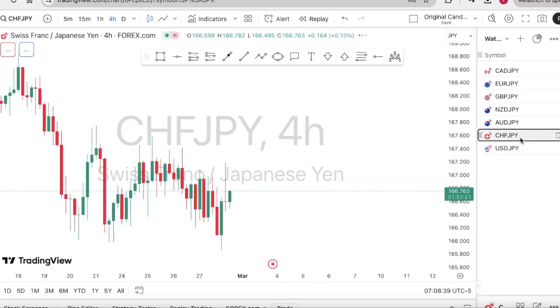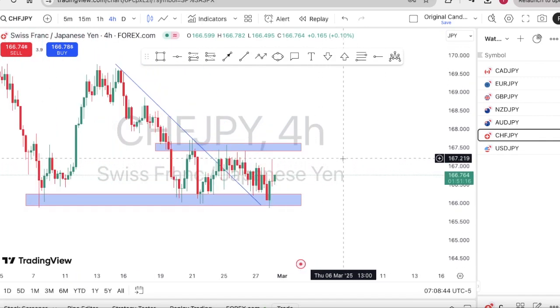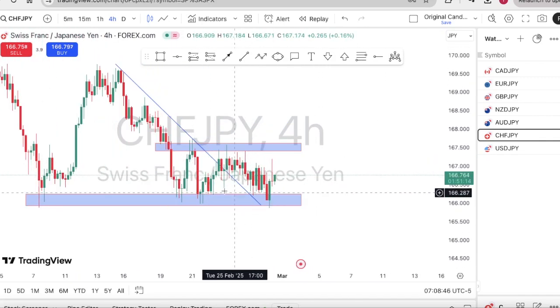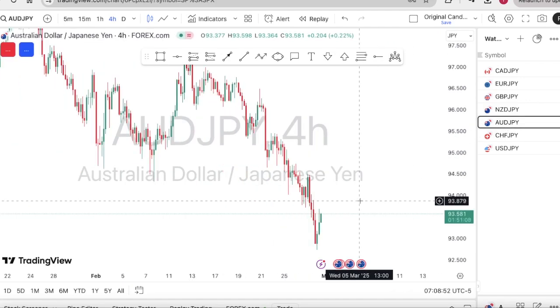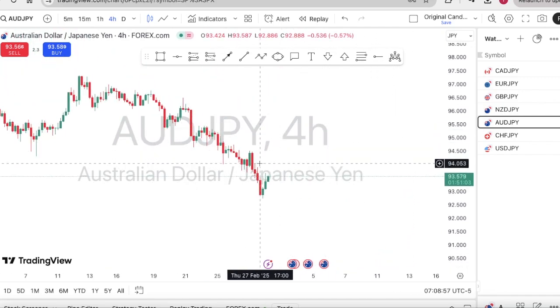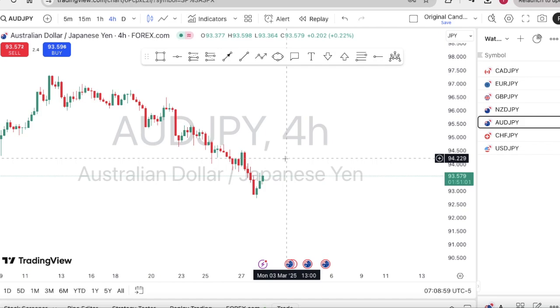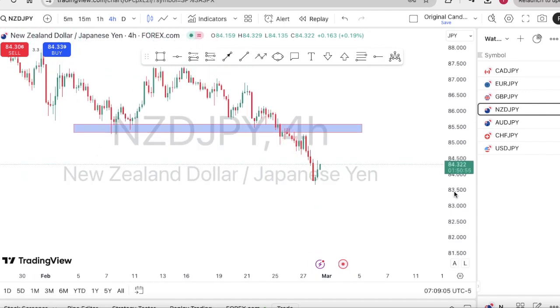Let's look at the other pairs. These pairs, it doesn't look like they are ready yet. They are still in a range in that 4 hour for the Swiss, and the AUD also is still very bearish. So we can tell that the dollar is very strong, and it means any pair against the dollar will be going down.